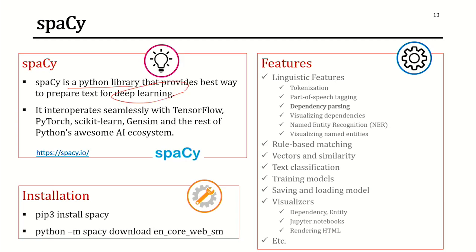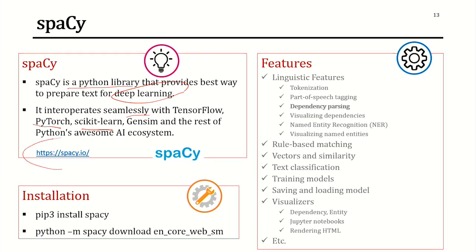Nowadays, deep learning is very popular and can be used to perform machine learning tasks, and it gives you more accurate results. spaCy interoperates seamlessly with TensorFlow, as well as the PyTorch library, scikit-learn, and some other libraries, which can now be considered a Python awesome AI ecosystem, very well documented on the web.